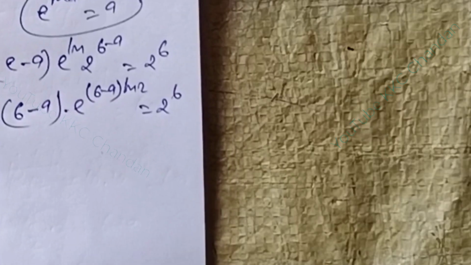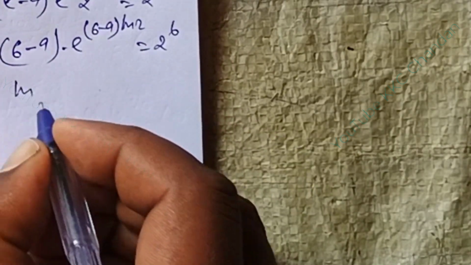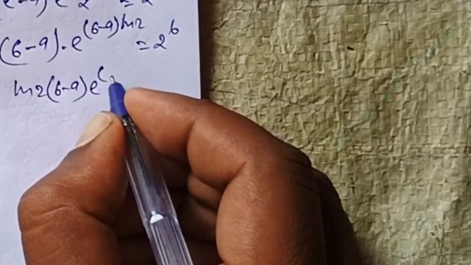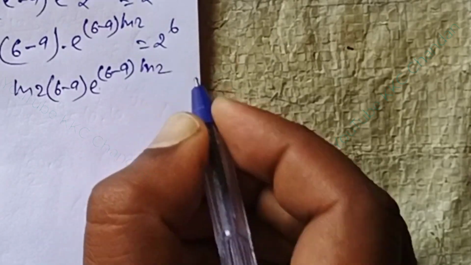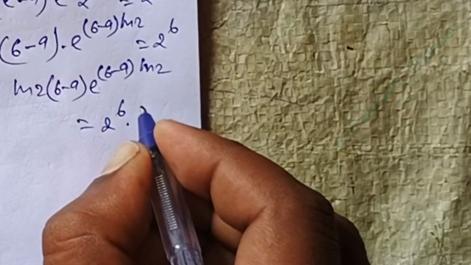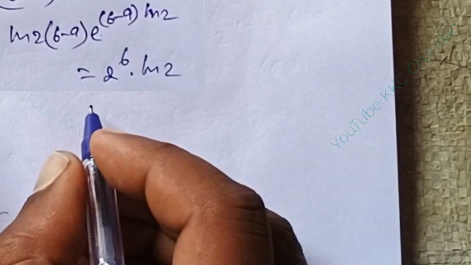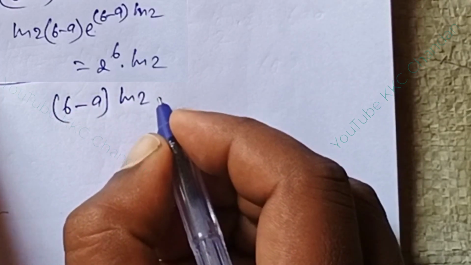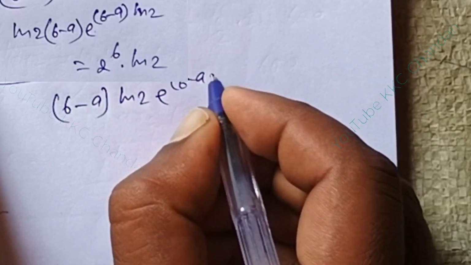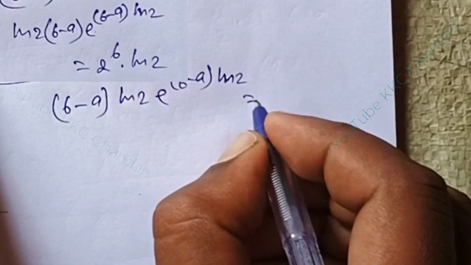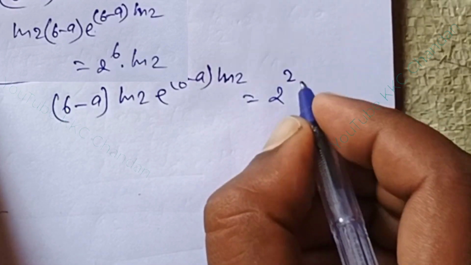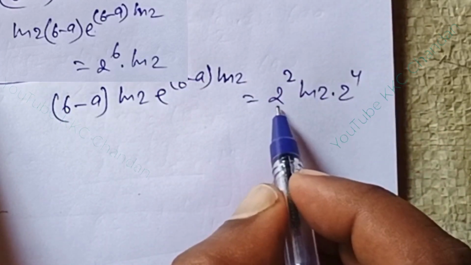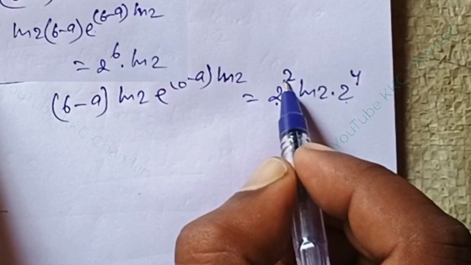2 power 6. In the next step, ln 2 into 6 minus a into e power 6 minus a into ln 2 is equal to 2 power 6 into ln 2. After that, 6 minus a into ln 2 into e power 6 minus a into ln 2 is equal to 2 power 2 ln 2 into 2 power 4. 2 power 6 means 2 power 2 into 2 power 4, which means 4 plus 2 is 6.